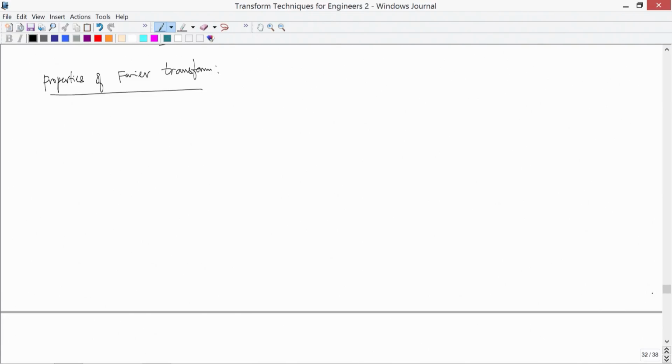So, I will try to start with this linear property, which we have done earlier. So, one is the linear property. What does it mean?